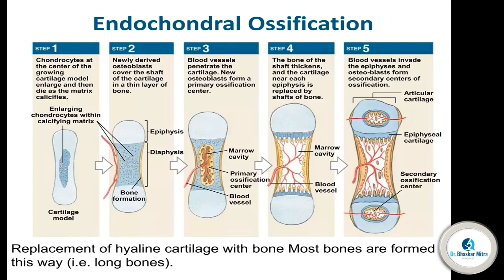Gradually the calcification and ossification go on towards both ends of the bone, with an overlying cartilaginous cap. This is called the growth plate or the epiphyseal plate or the epiphyseal cartilage. Now on the top, at the head end, the nutrient artery goes and forms another center in the articular area.